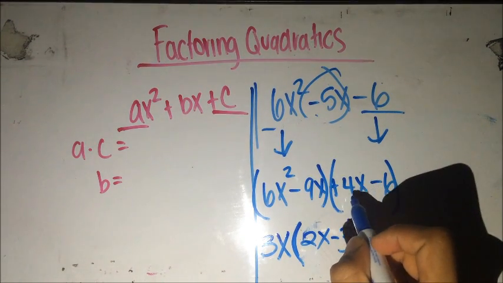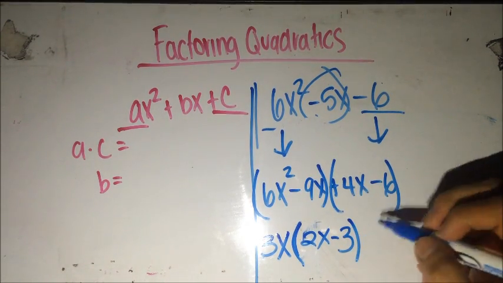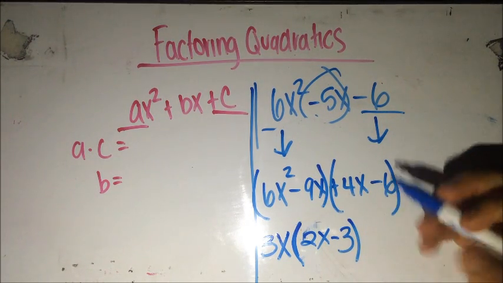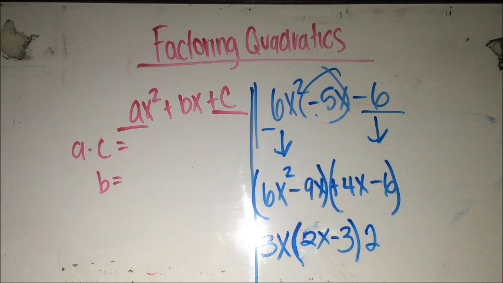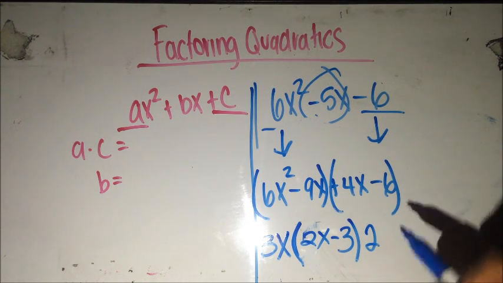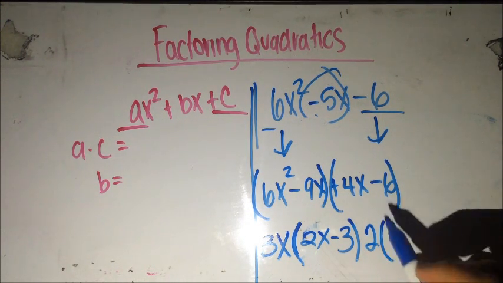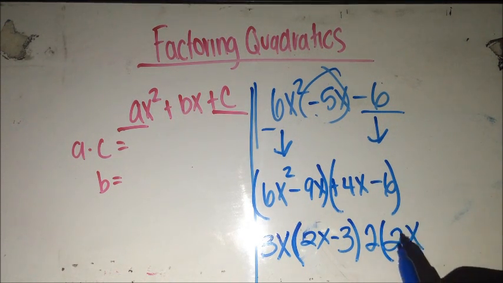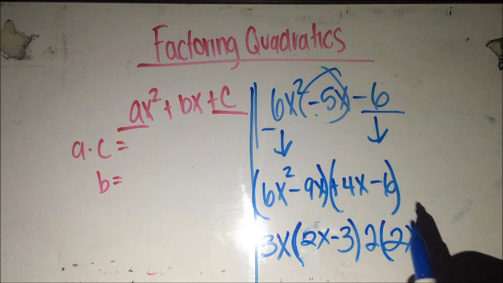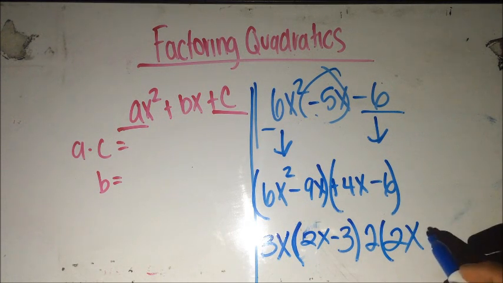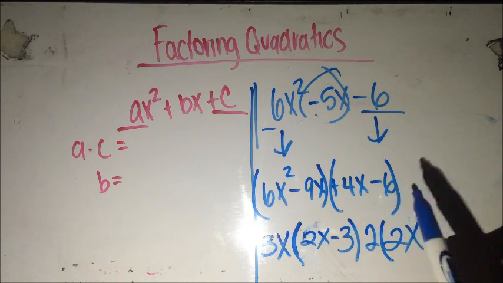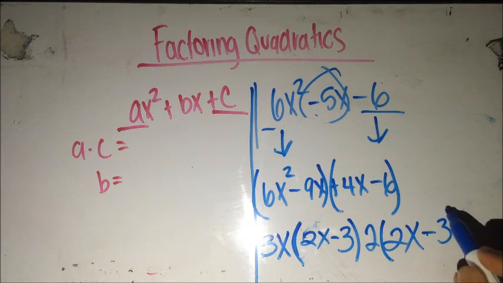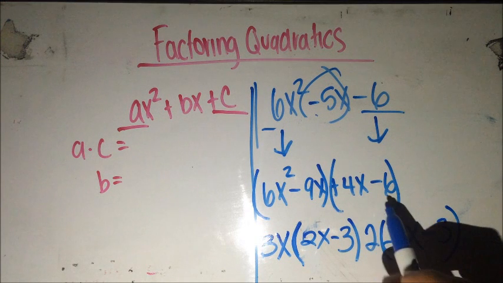Now we move on to the next one, which is 4. Something divisible by 4 and negative 6 would be 2, and we put 2x because 2 times 2 is 4, plus the x is 4x, and then don't forget the minus 3 times 2 equals negative 6.